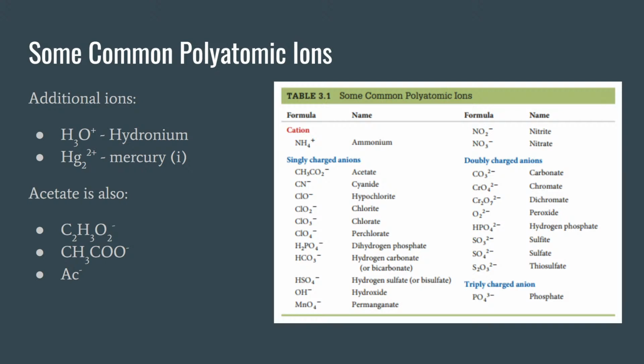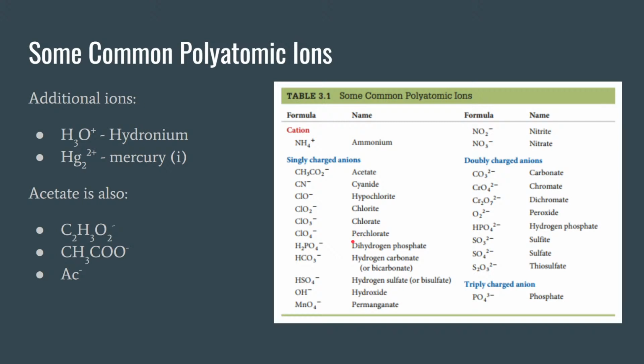Now, if you look at this list of ions right here, the first ones you see, if you read from left to right, you have ClO 1 minus, ClO2 1 minus, ClO3 1 minus, and ClO4 1 minus. Hypochlorite, chlorite, chlorate, and perchlorate.